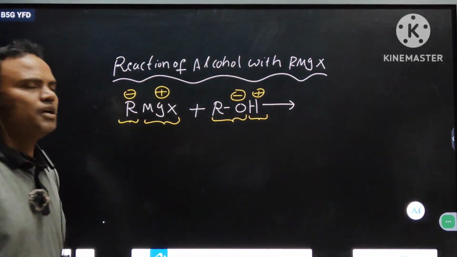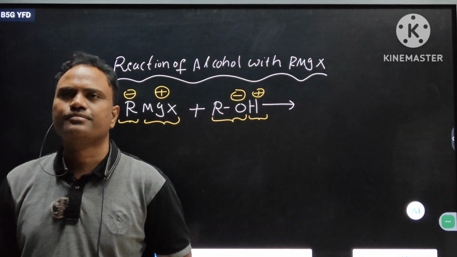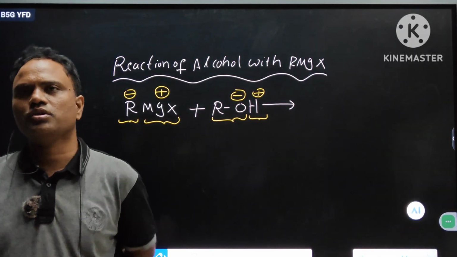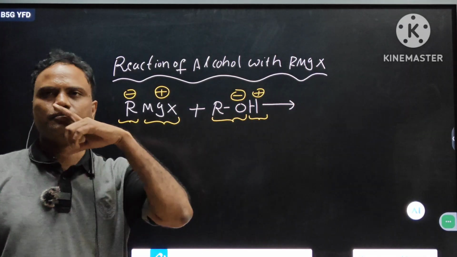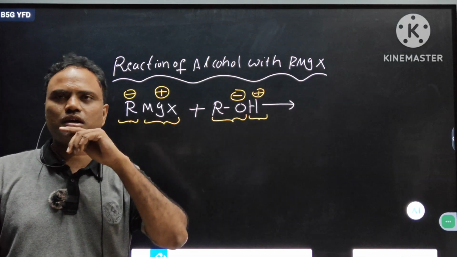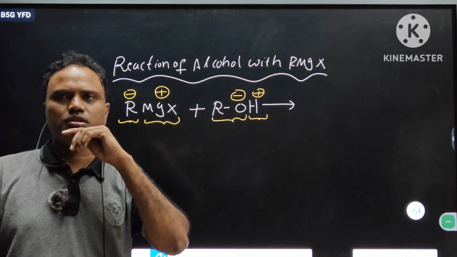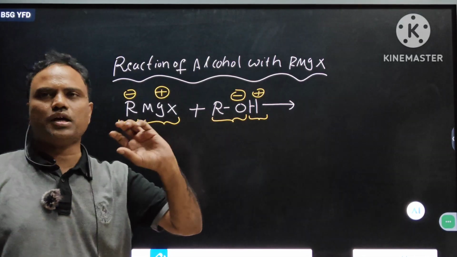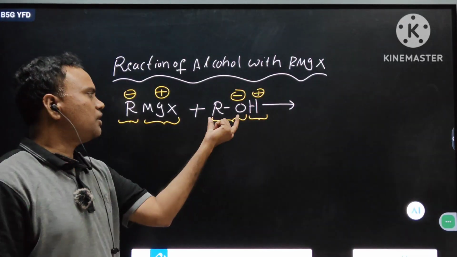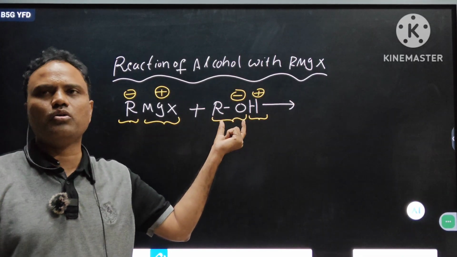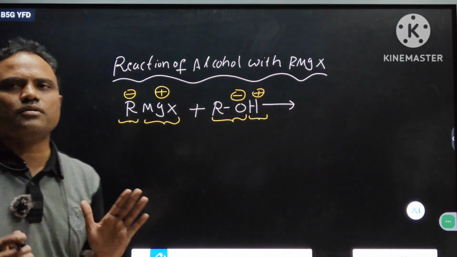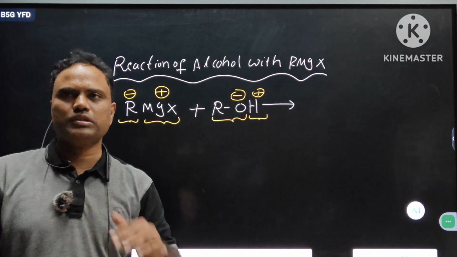We know alcohols are acids. They give H plus ions. So hydrogen is positive, and this is the conjugate base, the alkoxide ion. Now attach the oppositely charged species.